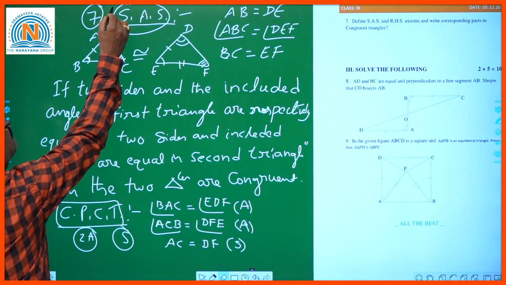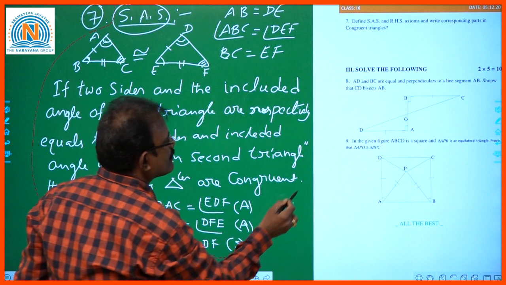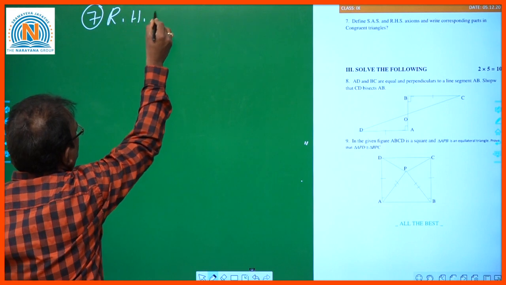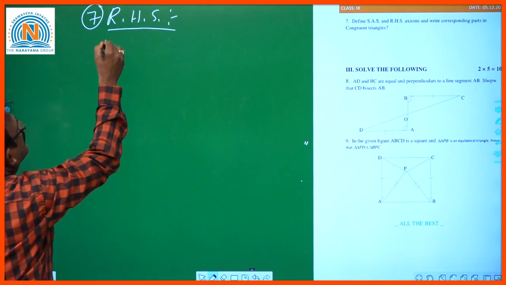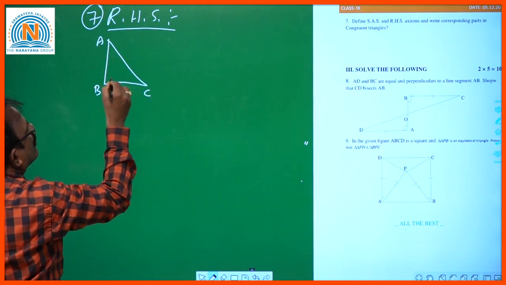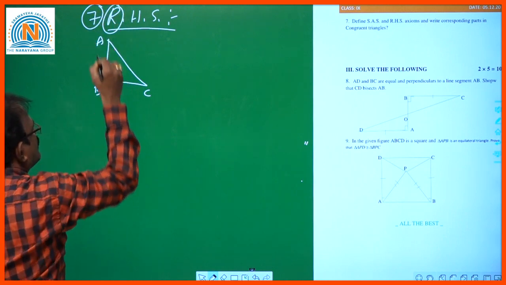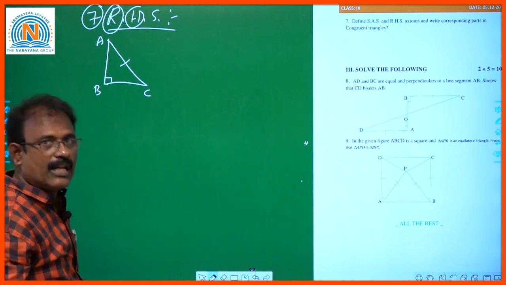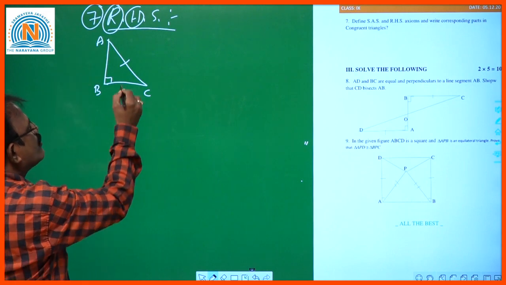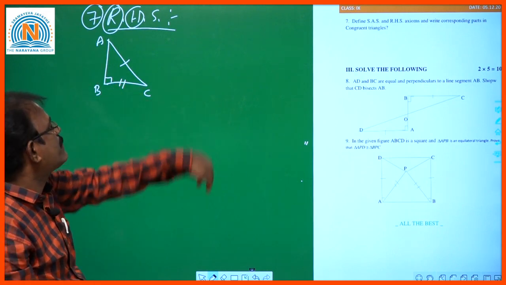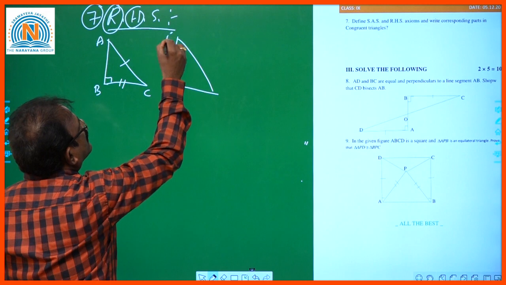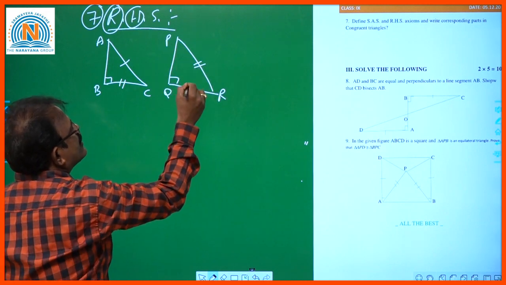Okay, our next axiom in the same question is RHS axiom. Already we discussed it in our previous question. This is RHS axiom, children. So in a triangle, 90 degrees and opposite to 90 degrees, nothing but hypotenuse, and out of the legs of right angle, either AB or BC, your wish, say BC, are correspondingly equal.